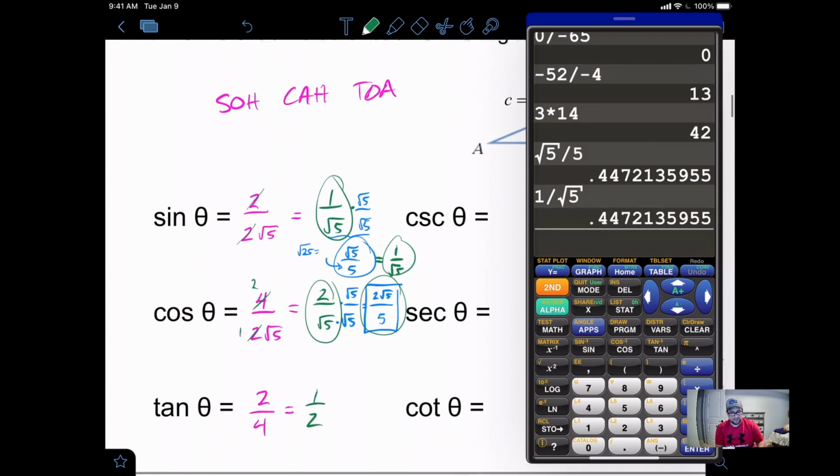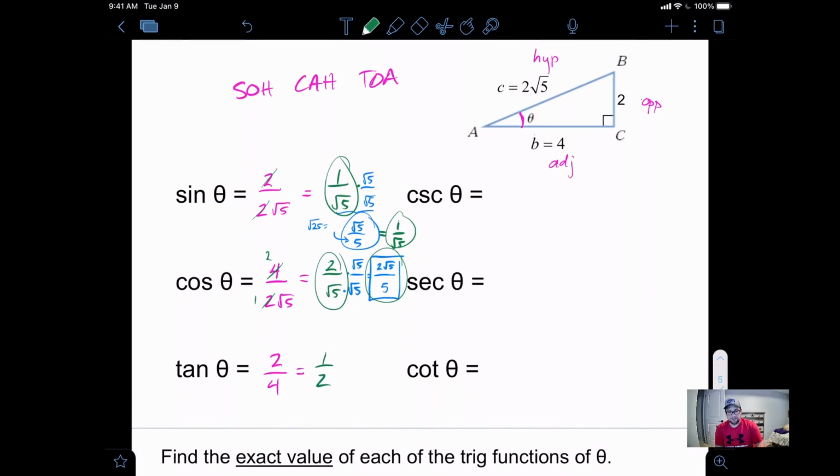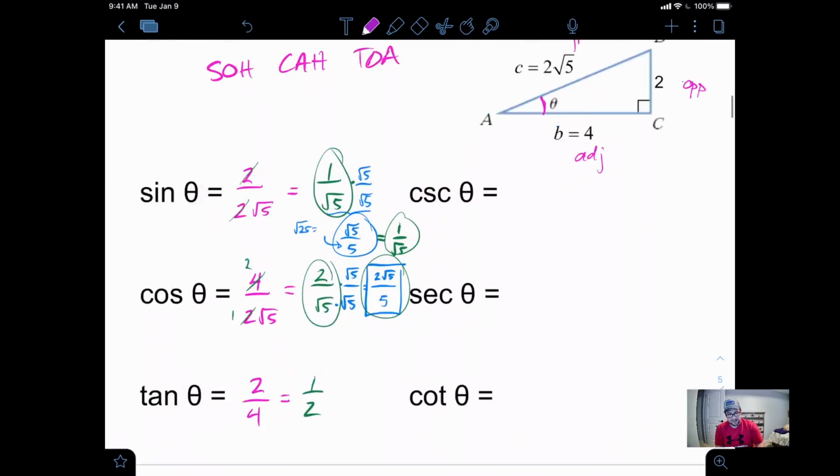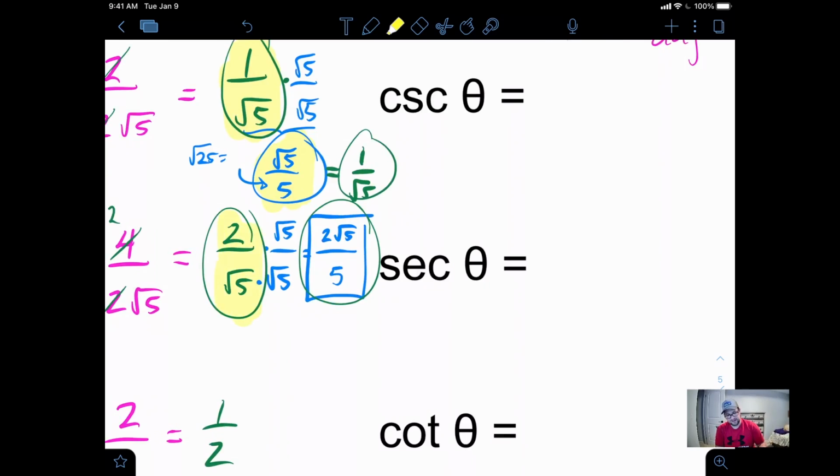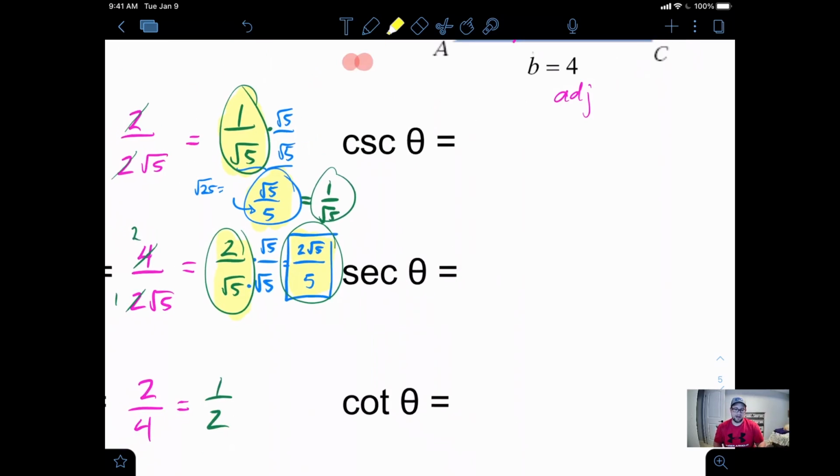So when I think about cosecant, secant, and cotangent, I do realize they're just flips, but let's flip the one that makes sense. If I were to flip, so let me color code these here, this is the same thing as this. And this is the same thing as this. Now, we are not allowed to give our final answer with a square root in the bottom.